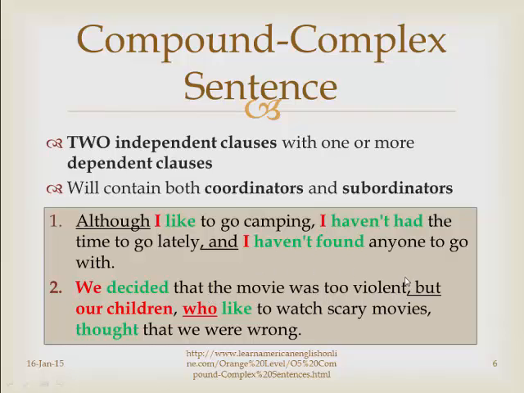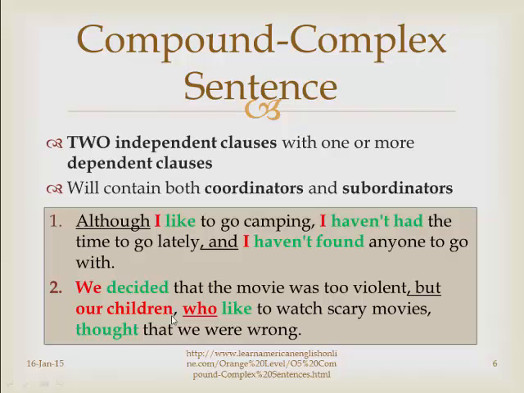So that's an independent clause. It can stand on its own. What's the second independent clause? Okay, there's a clue here because you have the coordinator but. So our children, where's my verb? Yep, our children thought that we were wrong.